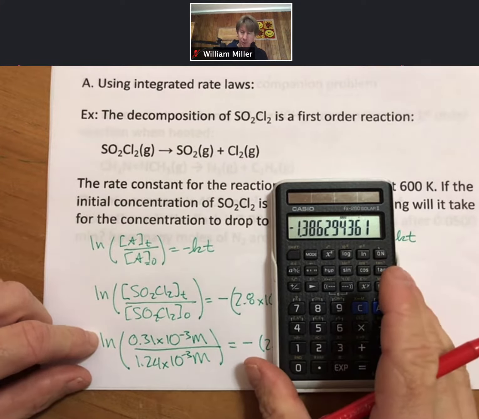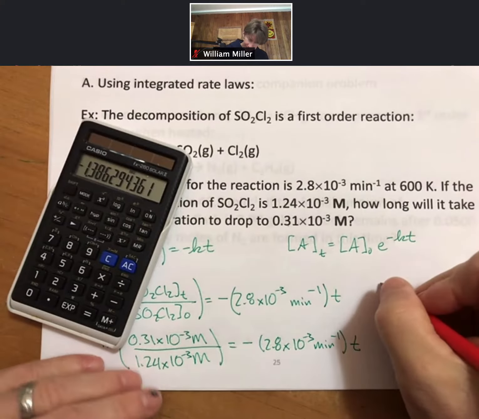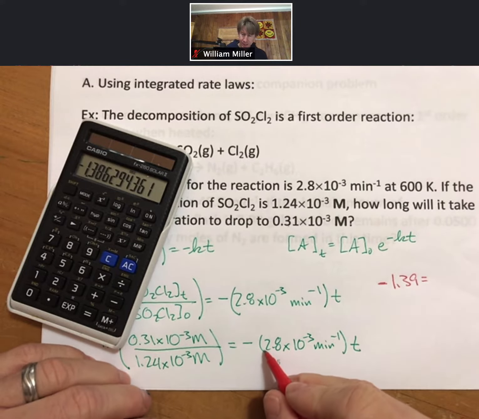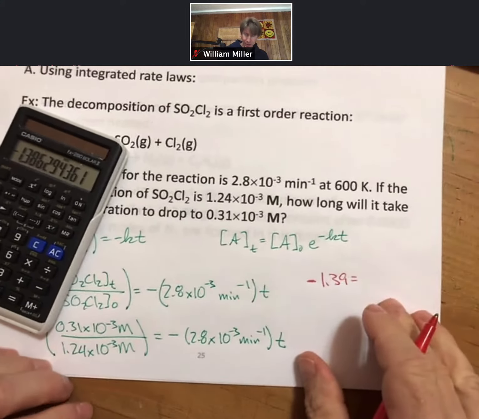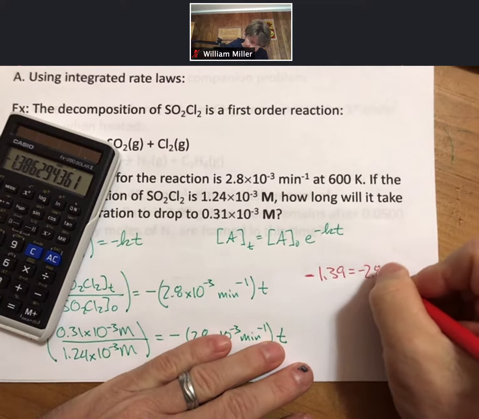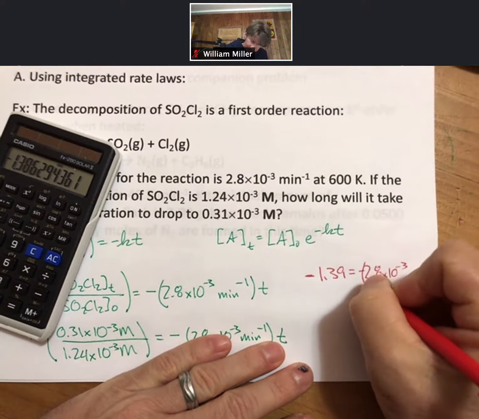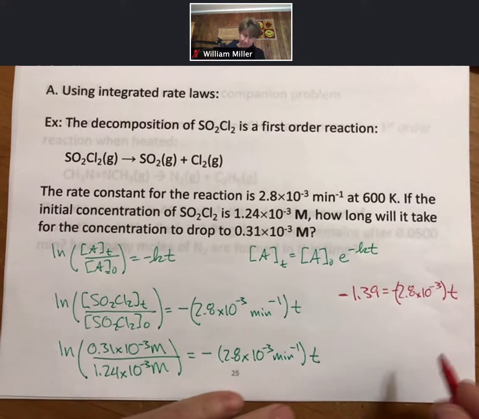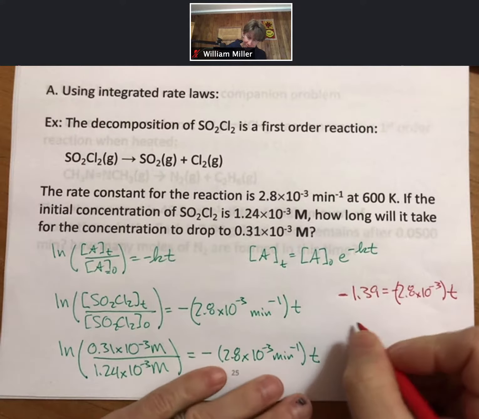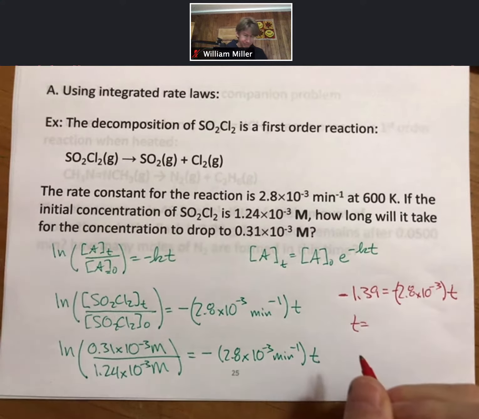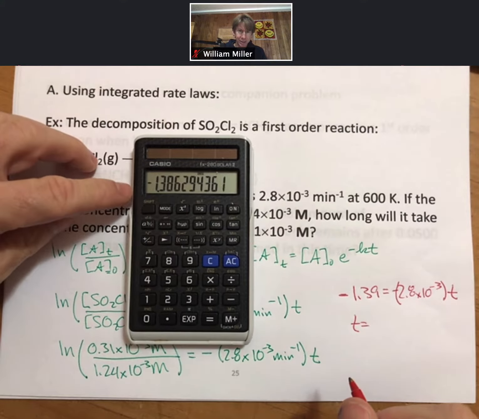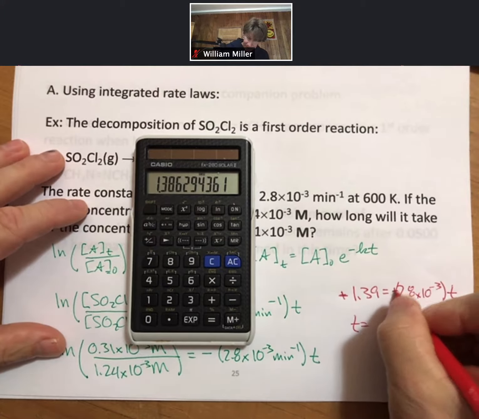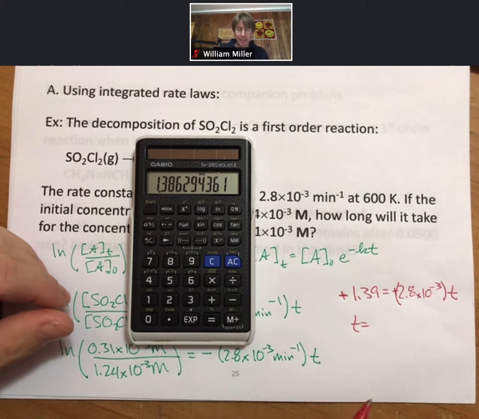And I get minus 1.39 equals minus 2.8 times 10 to the minus third t. Bring this over to the other side, and we get t is going to be equal to minus 1.39, and I'm going to just get rid of my minus signs here, divided by 2.8 times 10 to the minus 3.